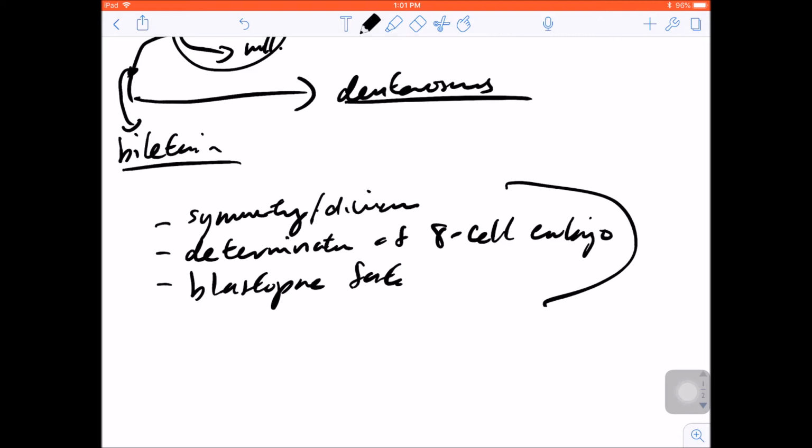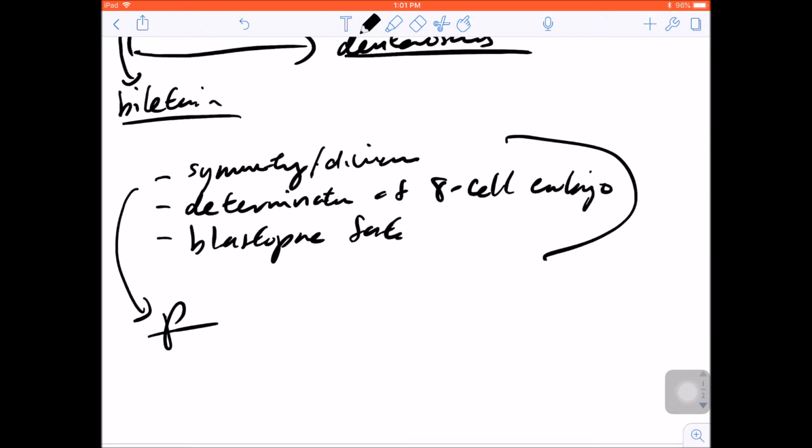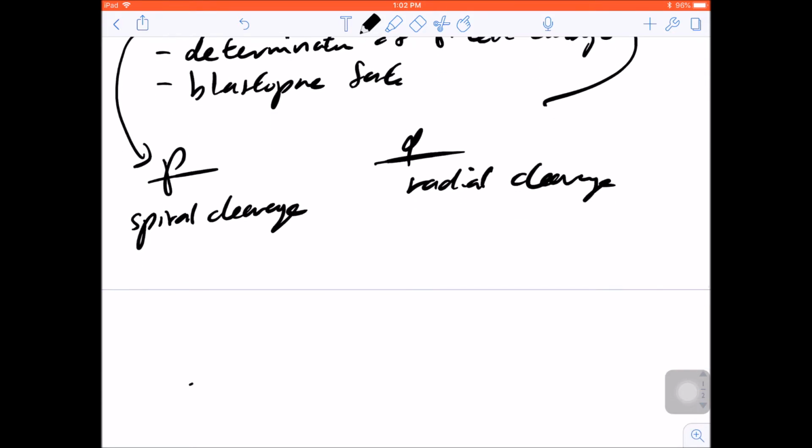So number one, symmetry. The protostomes do, what is it called? Spiral cleavage. Whereas the deuterostomes do radial cleavage. And what that means is, you start out with a fertilized egg, right? So this is an early embryo, it's just one cell, divides into two cells, divides into four cells.